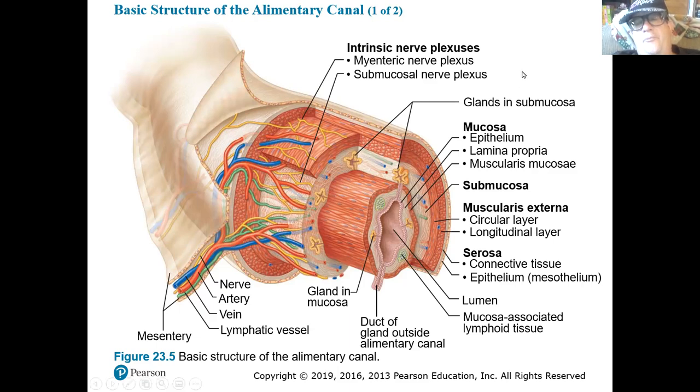Out here, big, thick, smooth muscle. Two layers, a longitudinal layer and a circumferential, circular layer. Those two are also smooth muscle, but these are moving the food around.